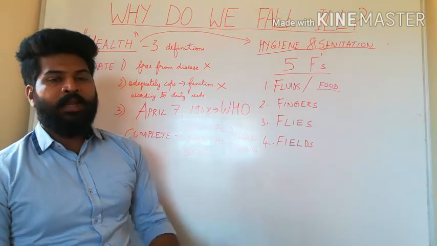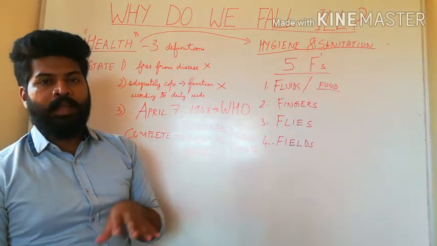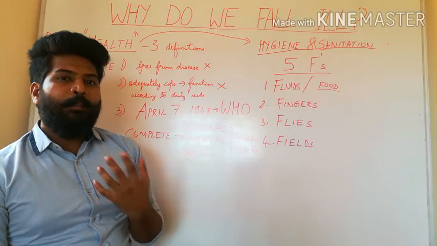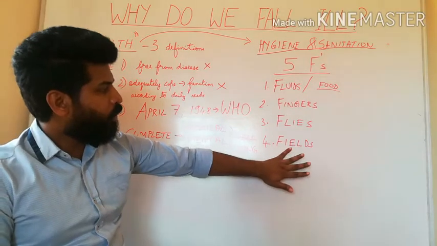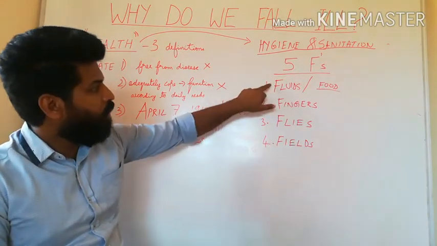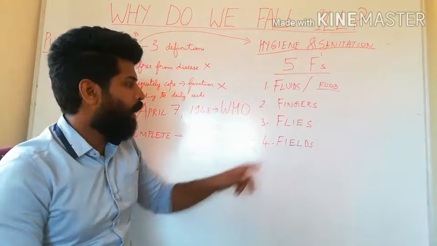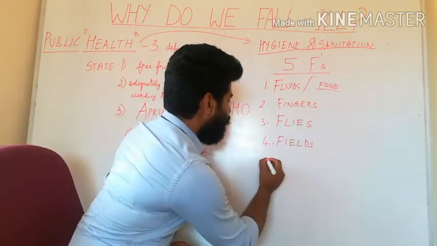Those toxins can enter our body and impair the bodily functions. Therefore, the fourth F, the source of our food, has to be maintained.